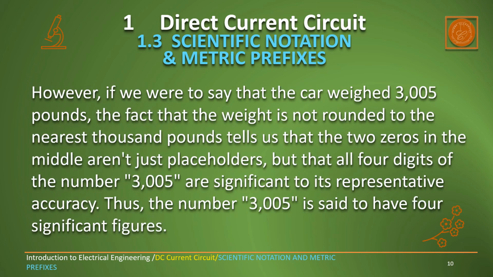However, if we were to say that the car weighed 3,005 pounds, the fact that the weight is not rounded to the nearest 1,000 pounds tells us that the two zeros in the middle are not just placeholders, but that all four digits of the number 3005 are significant to its representative accuracy.